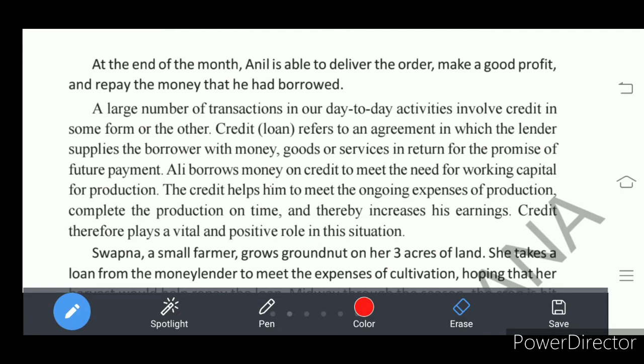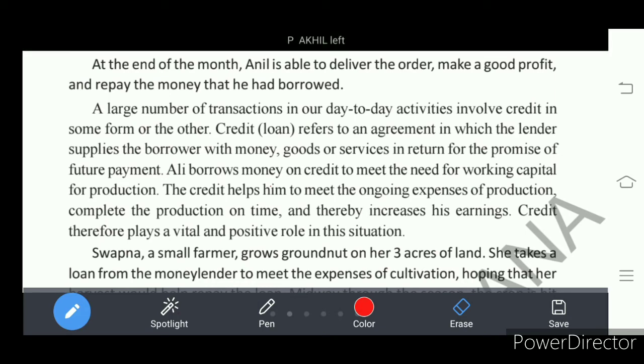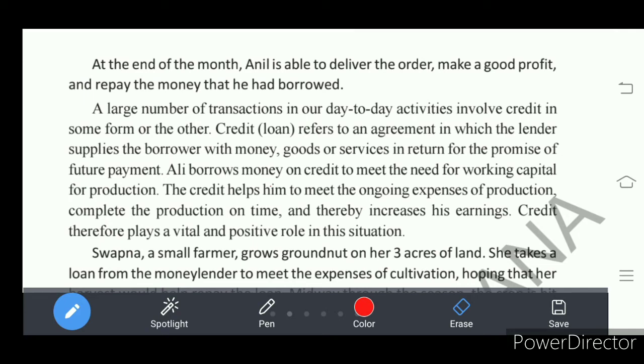If you take the agriculture side, what becomes working capital? It is the wages of the workers, and the expenses made on fertilizers, expenses made on seeds, to buy the seeds. Okay, all these expenses, and expenses made on diesel for the tractor.